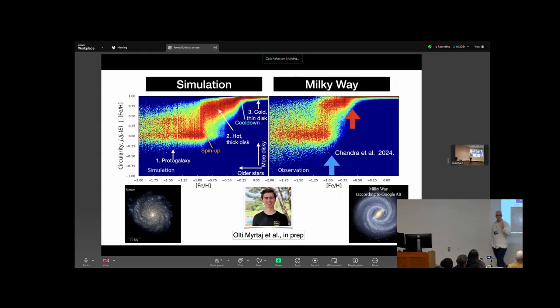We see this in the same parameter space, and I'll show you in a little bit that we see these 3 phases for all 12 of the galaxies we've looked at. Of course, the characteristic metallicities and the transitions are a little different, but generally speaking you see these 3 phases. And so again, the question is why?